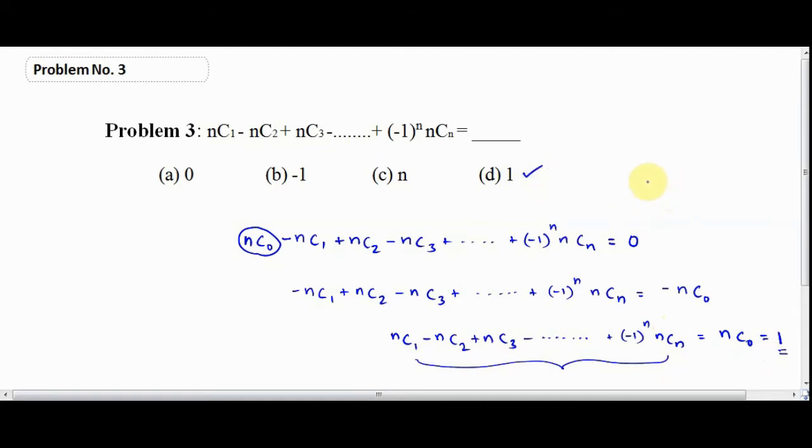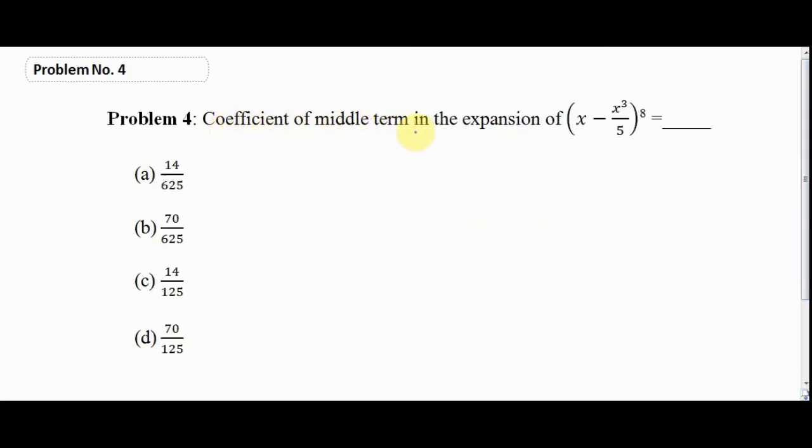Okay, now let's proceed to problem number 4. The coefficient of the middle term in the expansion of (x − x³/5)^8 is equal to. So we are asked to find the coefficient of the middle term. Here the value of n is 8, which is an even number. Therefore the middle term will be the (n/2 + 1)th term, that is 8/2 + 1 = 5.